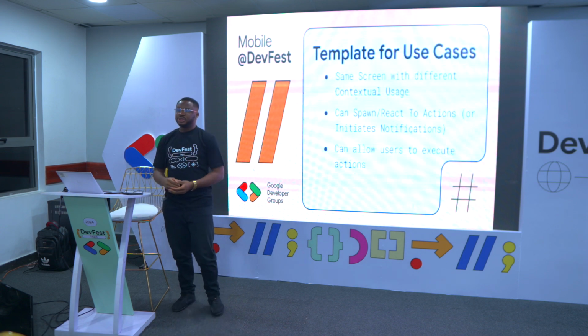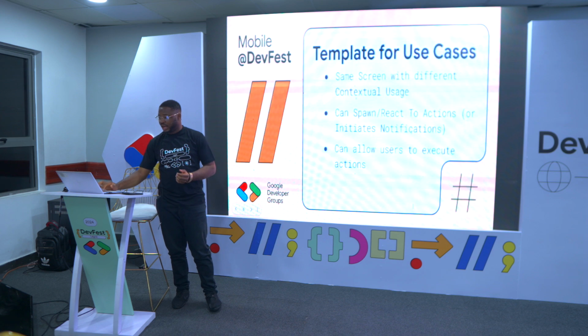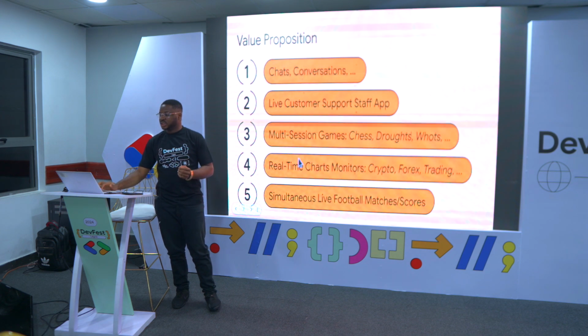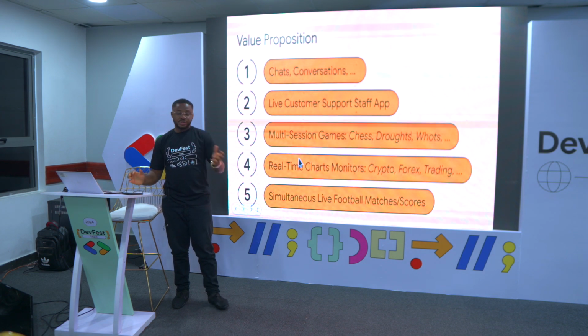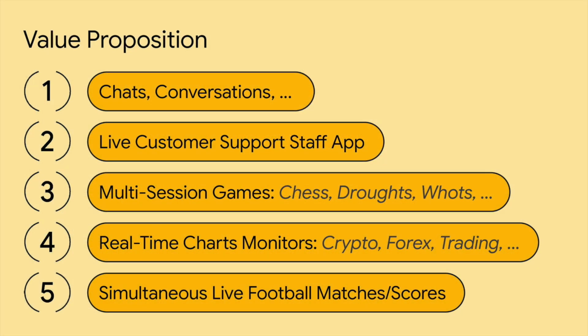Now, the value proposition, the good use case for bubbles, is user retention. Already we have chats and conversation apps. That's for one. But in addition, imagine you're building a live customer support app. I don't know, something like Intercom.